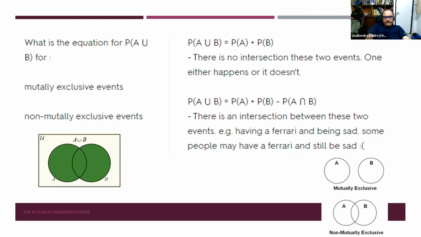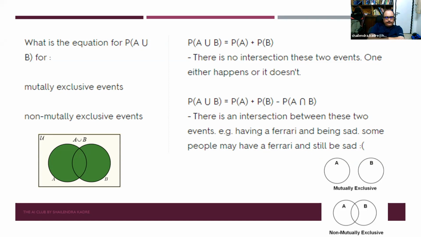Can anybody tell me? If I want to find A union B, what do I need to do? If I simply do PA plus PB, where PA means the left circle and PB means the right green circle, what's wrong in that?